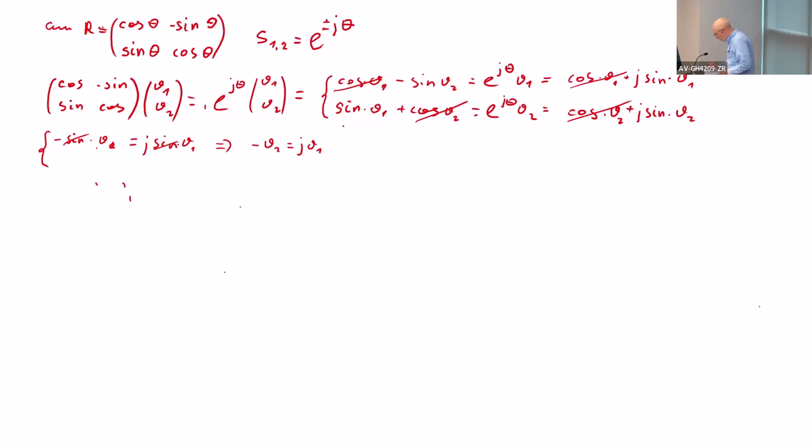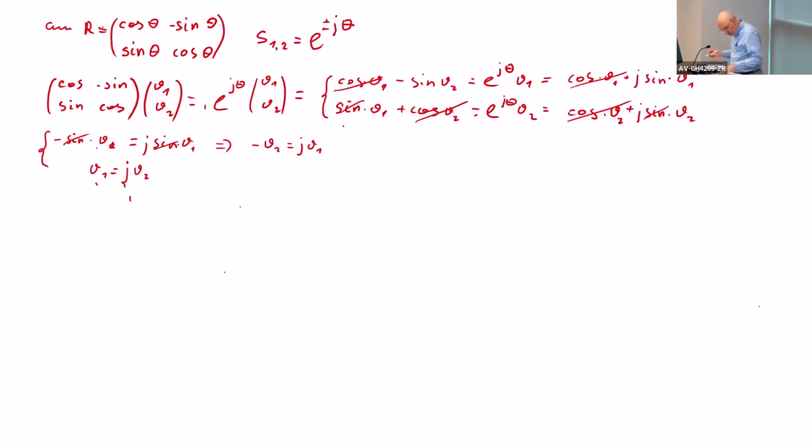From the second one, you can cancel the sine, and you get v1 equals j v2.